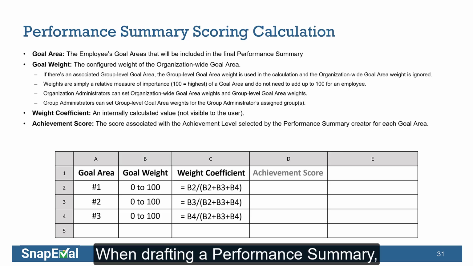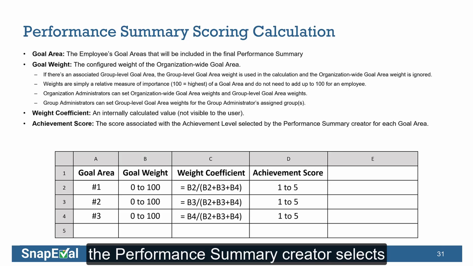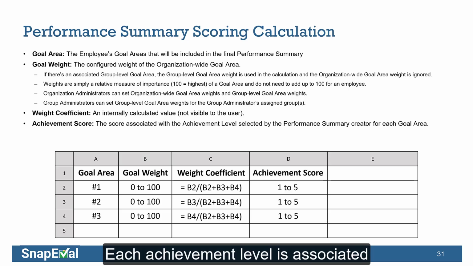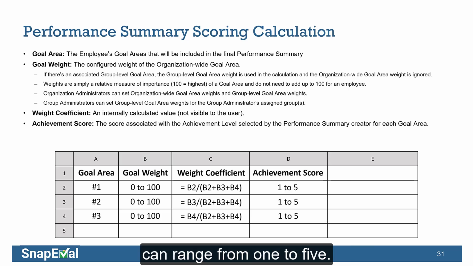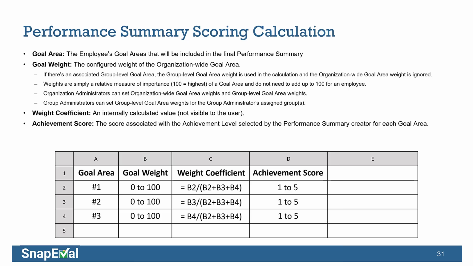When drafting a performance summary, the performance summary creator selects an achievement level for each goal area in the performance summary document. Each achievement level is associated with an achievement score that can range from 1 to 5, 1 being the lowest level of achievement and 5 being the highest level of achievement.